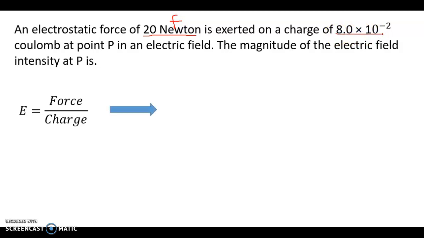So replace them: 20 newtons over 8 times 10 to the negative 2. 20 over 8, you could cancel by dividing each side by 2. You will get 10 over 4, divide by 2 again. You will get 5 over 2. 5 over 2 equals 2.5.